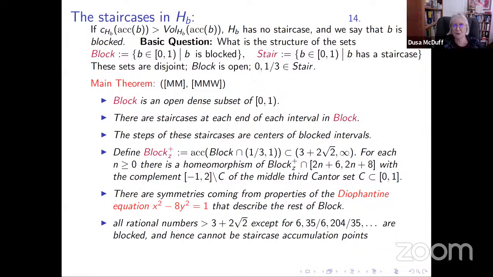And I thought what I could do is try and explain a little bit what goes into the proof of this. This is the first situation like this that has been worked out, by the way, because Usher looked at the family where you take the trivial S2 bundle, which is just S2 times S2, and you vary its size by fixing one sphere to have size 1 and the other one to have size B. And he found infinitely many B values where there were staircases, but this was before the paper which told us about this interesting fact about the accumulation point.